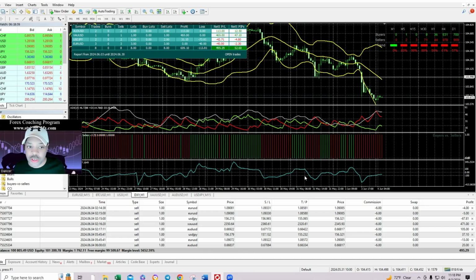So if I see a strong area of resistance and I'm checking my buyers versus sellers indicator, and I'm seeing, wow, look at all the sellers, then of course I'm only going to be selling. And that's how I use Galileo. So that's very important to understand. And I think for everything else, it's pretty straightforward.